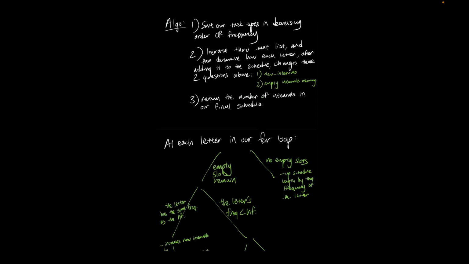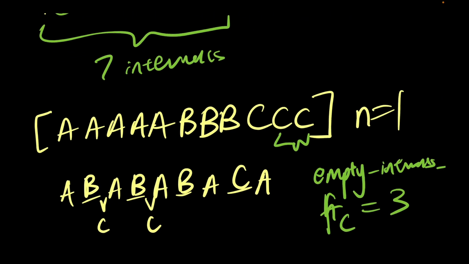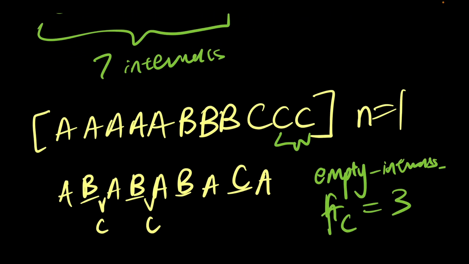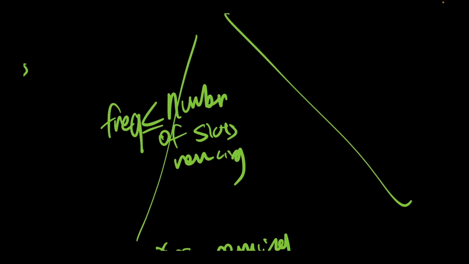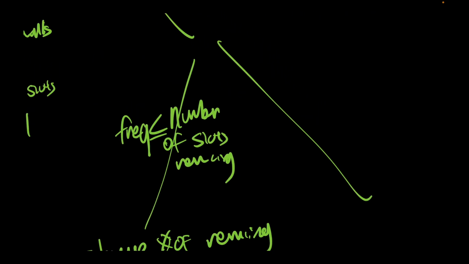But there's this case here, where we have that C, and it fills in a remaining slot, and then while filling in, the schedule becomes saturated, so we actually have to add in these new slots, or these new intervals. We'll say that this case is the frequency is greater than the number of slots remaining. So there's the possibility for overflow.